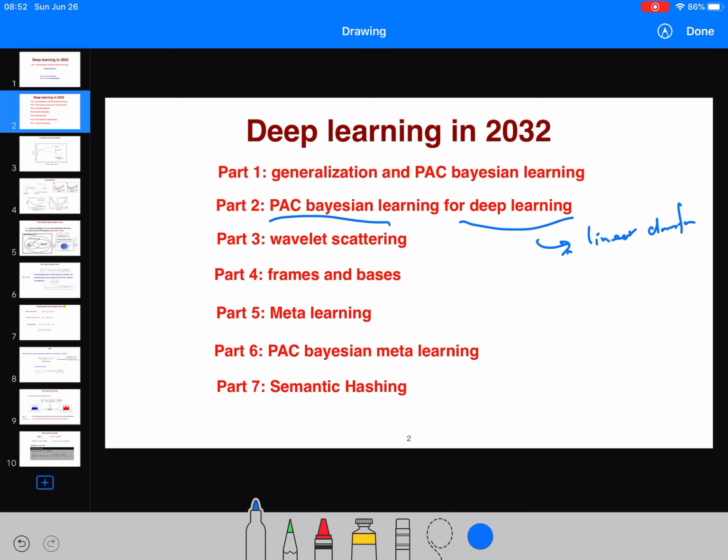Then another week I will talk about wavelet scattering. This is really important, because in harmonic analysis, traditionally we work on Fourier spaces, wavelet spaces, shearlets, curvelets, framelets, all of those things. You can look at it as a representation.